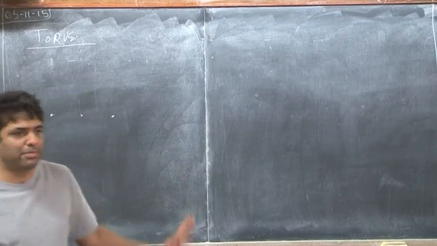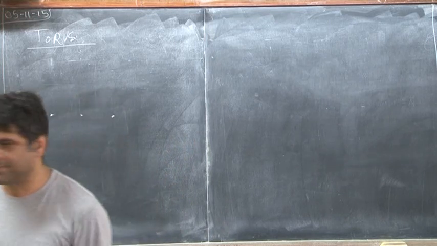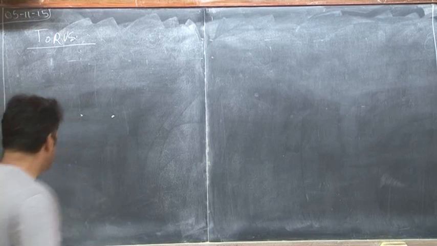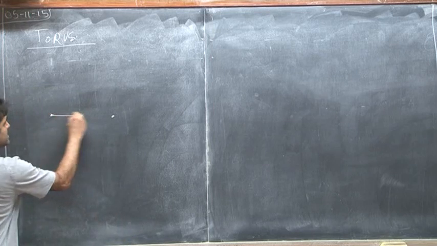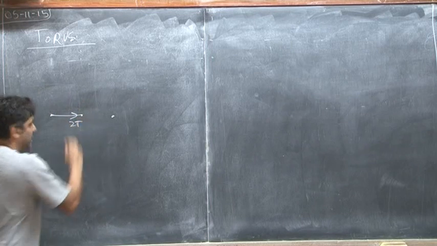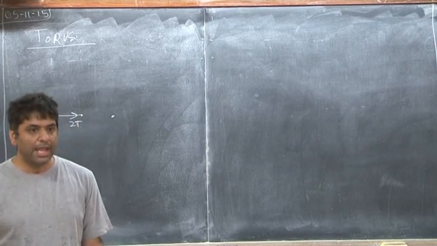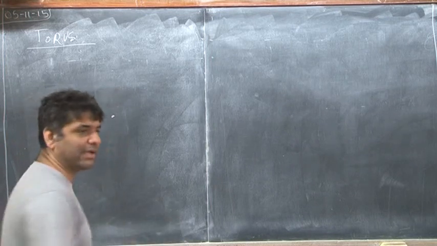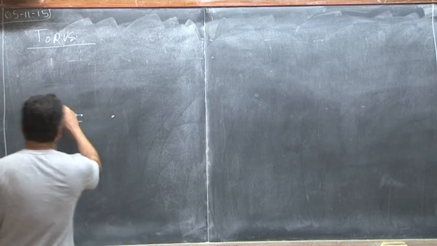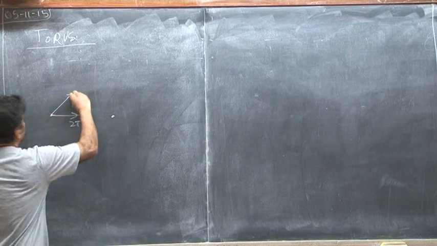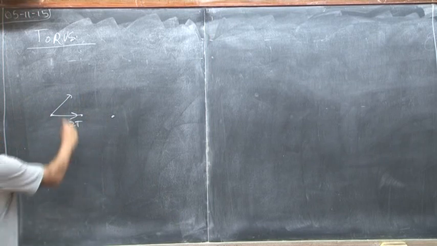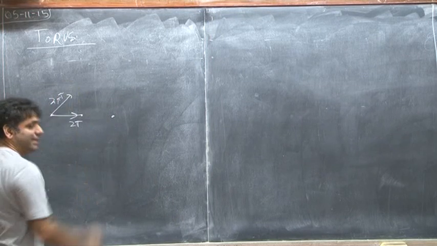This is the standard convention we will adopt. So this lattice, one of its vectors is 2 pi. And the other vector is whatever it is. It's some complex number which we call 2 pi tau.